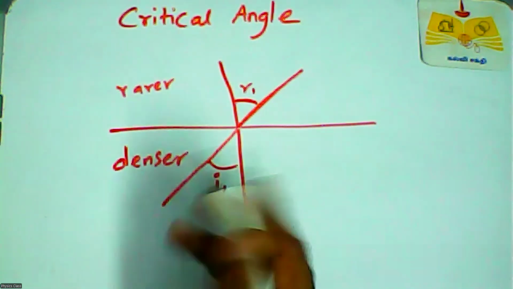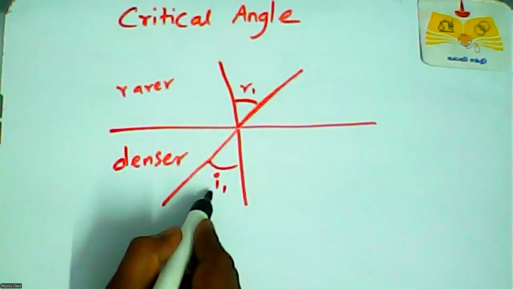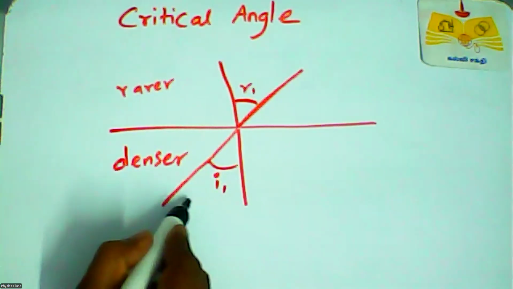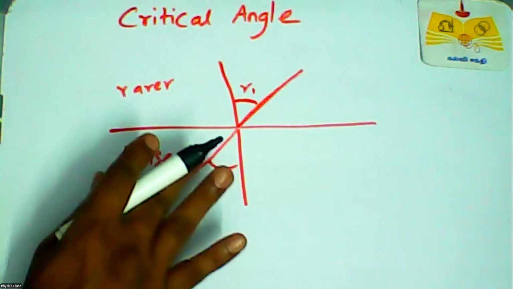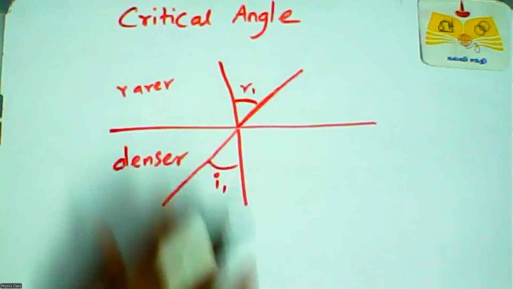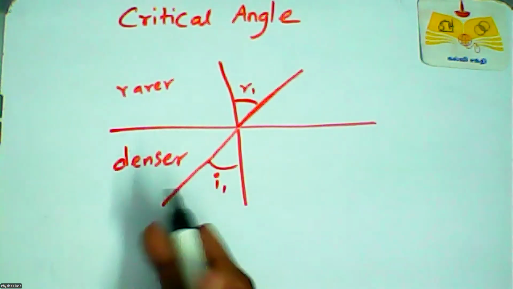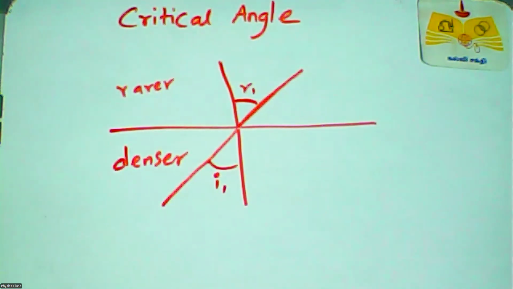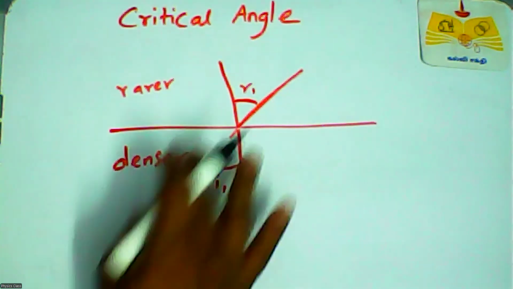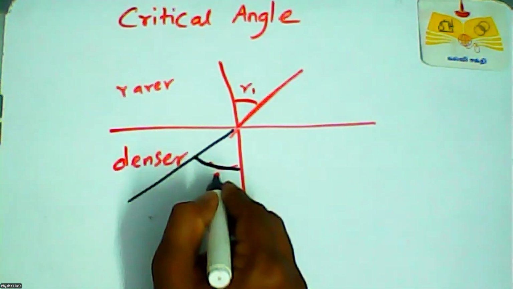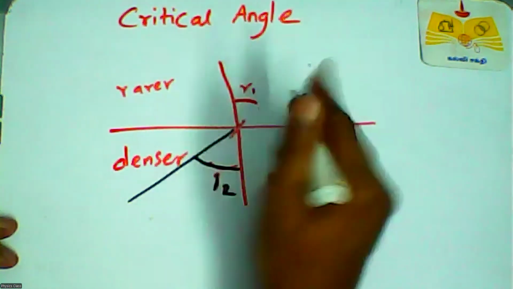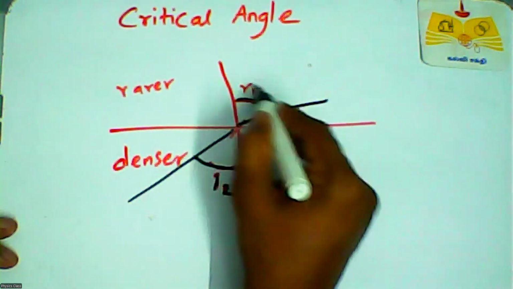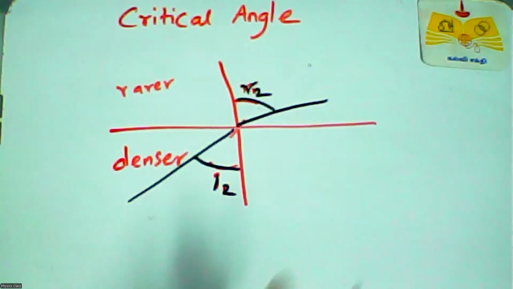Next step, you increase the angle of incidence of the light ray from this position to this position. That means I2. In that case, the refraction angle also changes; this is R2, which is different from the previous one.